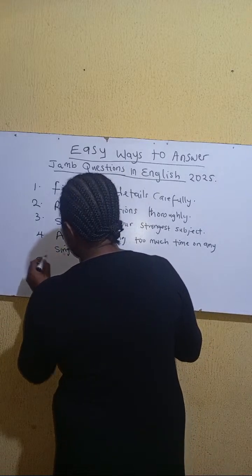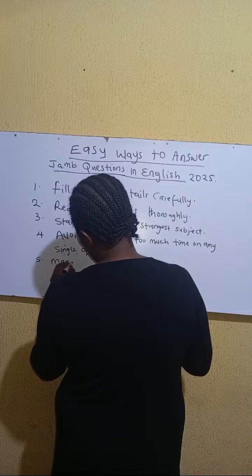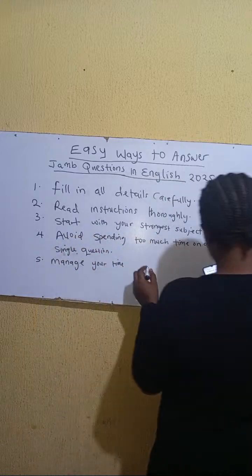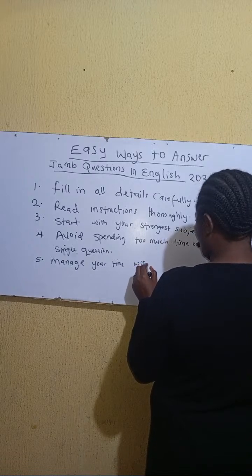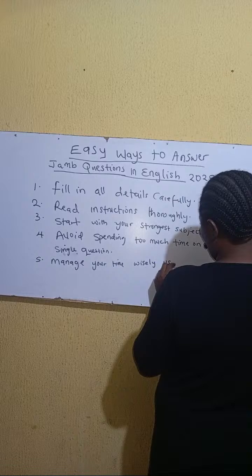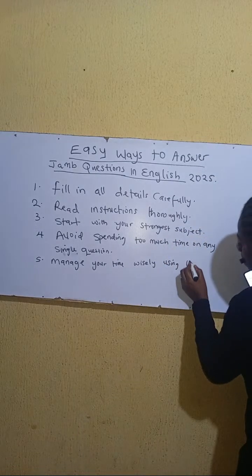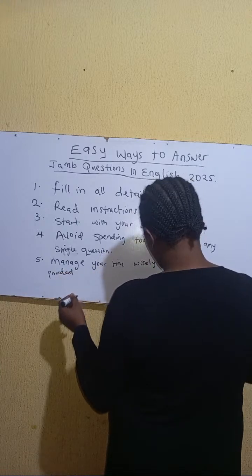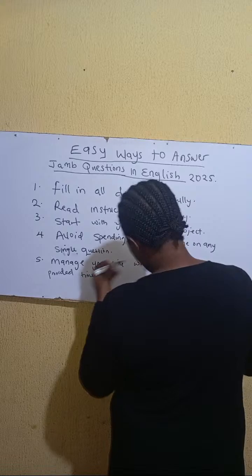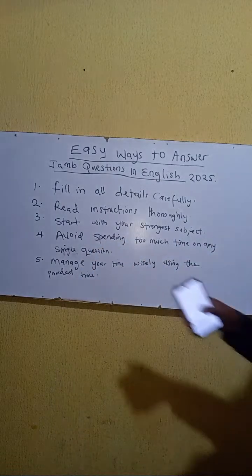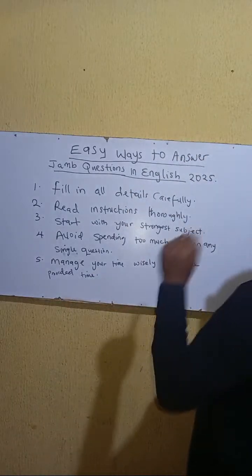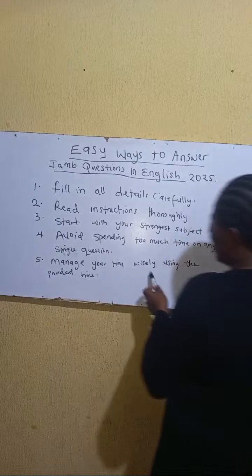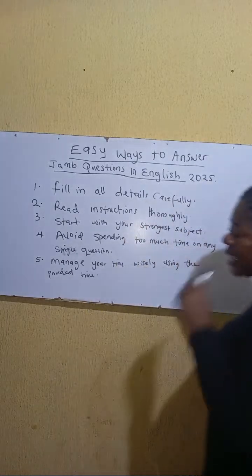Now the fifth easy way of answering a question in JAMB is to manage your time wisely using the provided timer.